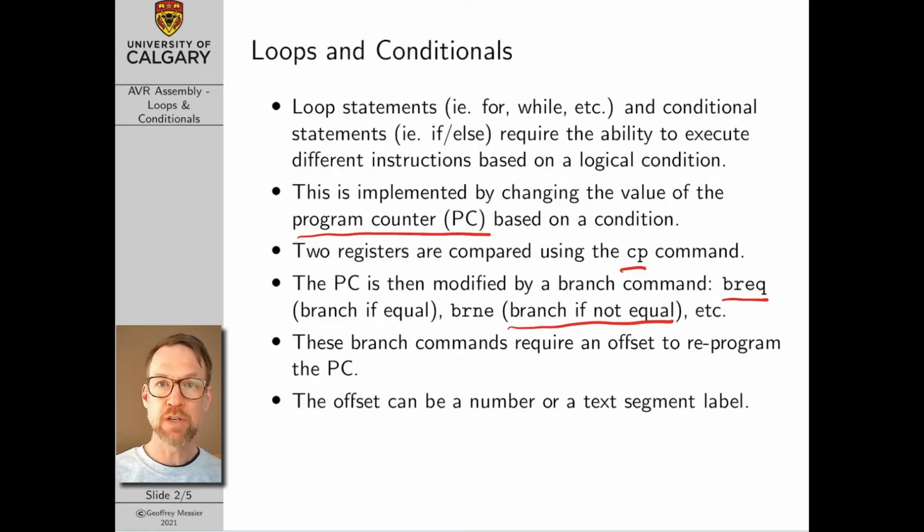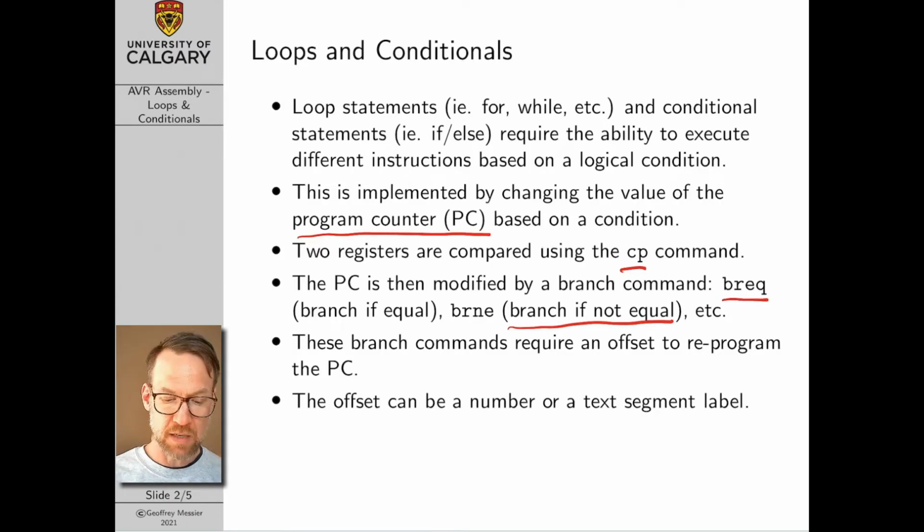If the branch condition is satisfied, then the program counter is changed to a new value, typically by adding an offset to the program counter. This basically causes us to jump to a different region in instruction memory.